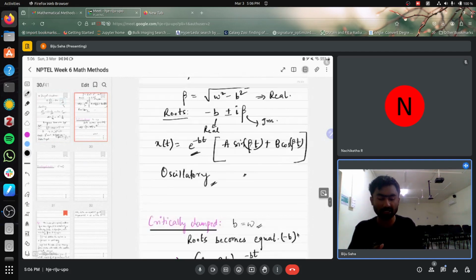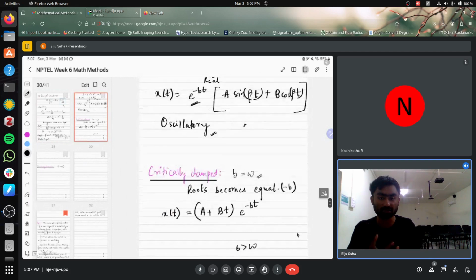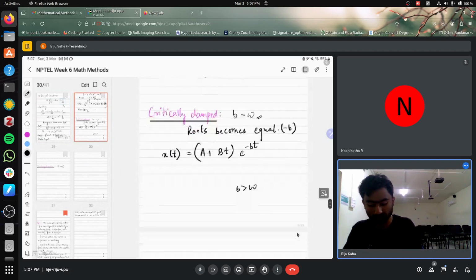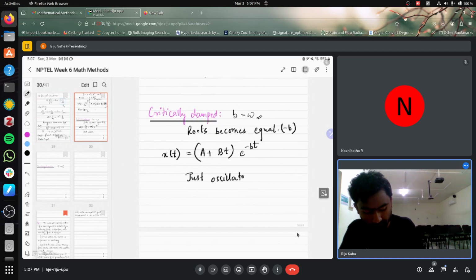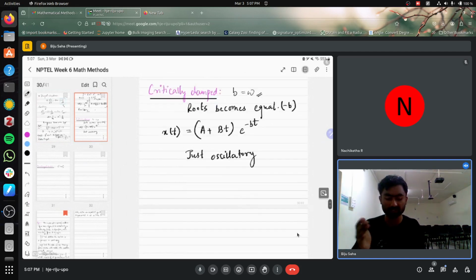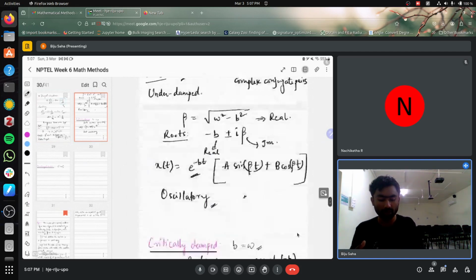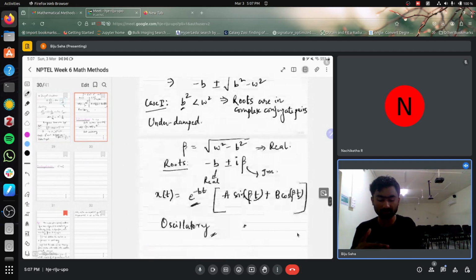So this critically damped is the case of just being oscillatory. It creates a distinction between the two cases, underdamped and overdamped.